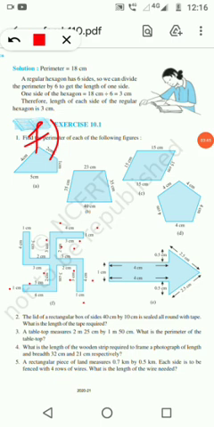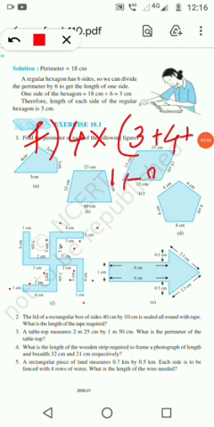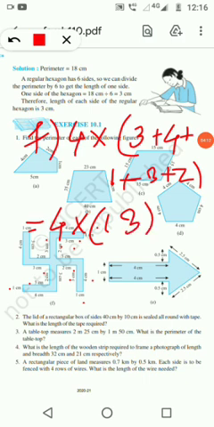So everywhere the 4 arms are the same. So I can say 4 into (3 plus 4 plus 1 plus 3 plus 2). That is equal to 4 into 3 plus 4 is 7, and 1, 8, 9, 10, 11, 12, 13. 4 into 13 is equal to 52 centimeter.